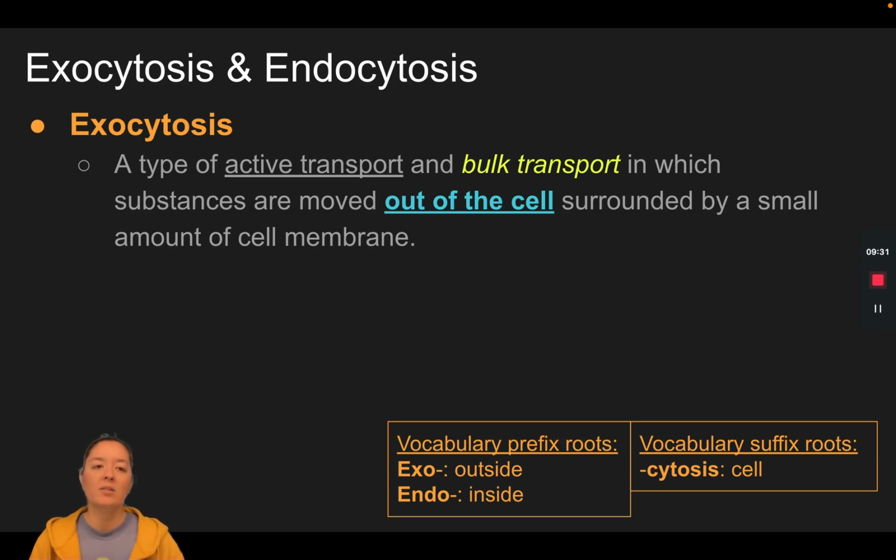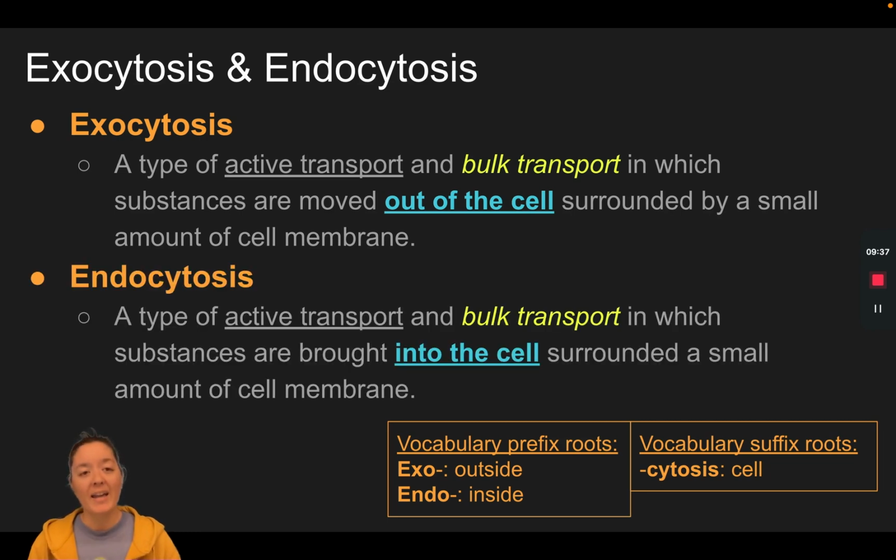And we're using exocytosis to move a lot of stuff at once. It's a bulk transport. Endocytosis, endo means inside. We're moving lots of things at the same time, or a bulk transport, into the cell. Now, because we're moving a lot of things, this requires energy, so it's considered an active transport.